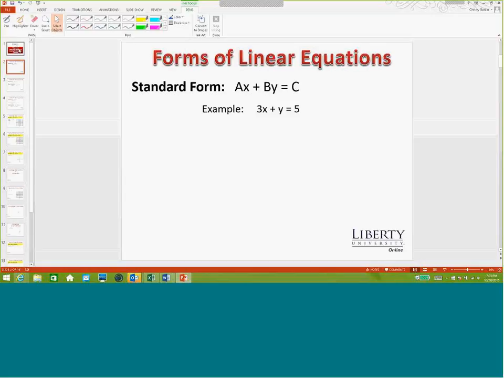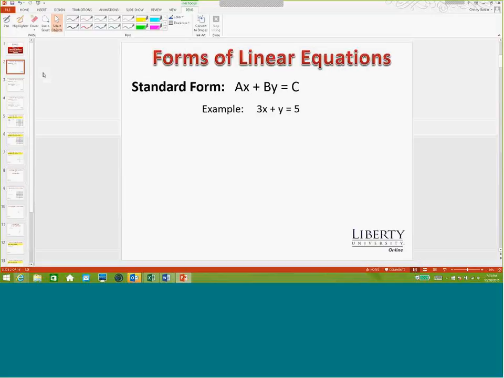There are several different forms. There's probably more than just these three, but these are the base forms that you can write your linear equations in. We don't do a whole lot with standard form, just to recognize it, maybe a couple of questions in one of your homework assignments that ask what form this linear equation is in.